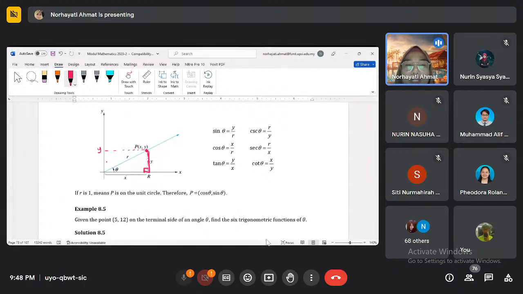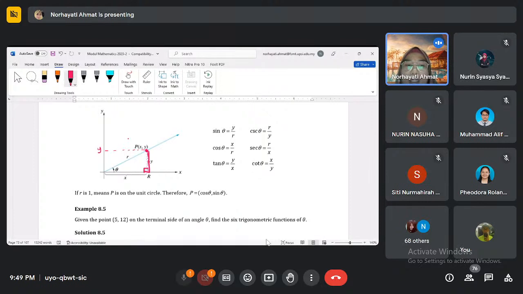Therefore R represents the hypotenuse. If we keep moving this point P, what will it form, class? It can form a circle. If we move this blue line and make a complete rotation of 360 degrees, point P will form a complete circle.